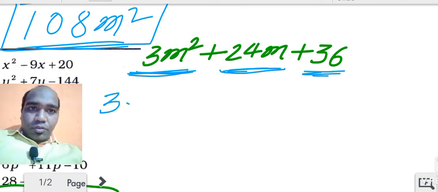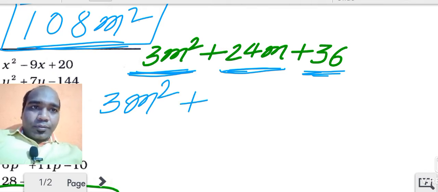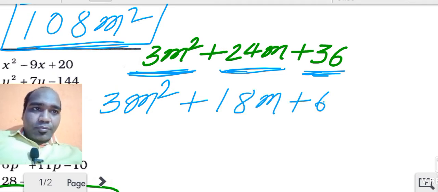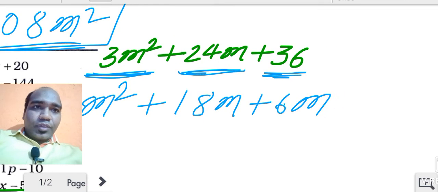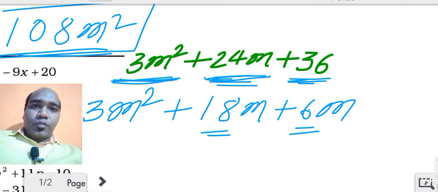So you think on your own, but I'm telling here, 3m square plus 24m we'll split in the form of 18m plus 6m. If we add 18m and 6m, we'll get this 24m, and 18 into 6 will get this 108. Okay, and m into m will get m square.